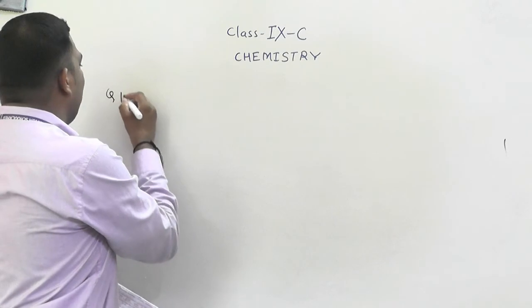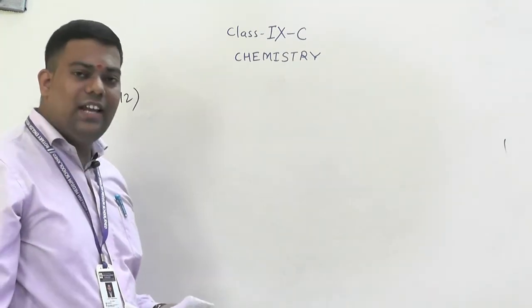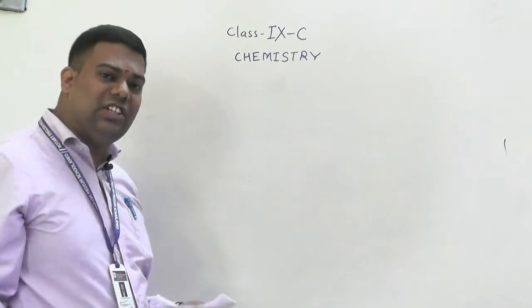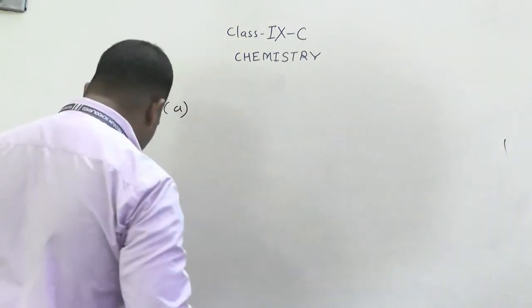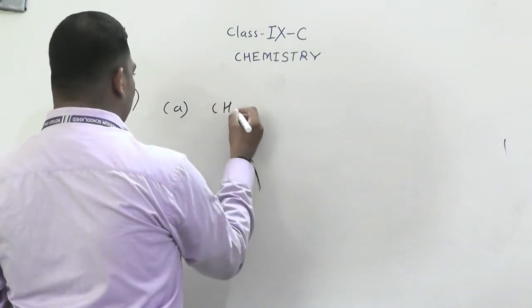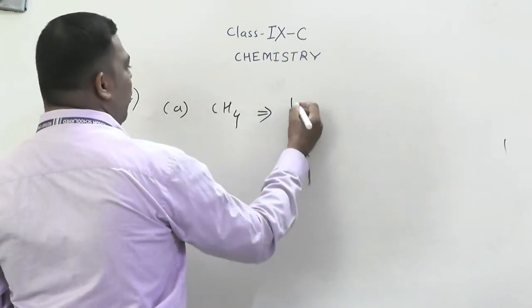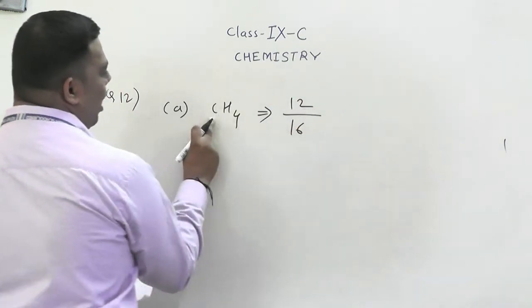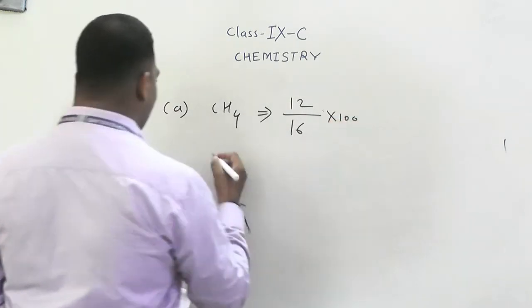What is in question number 12? The percentage of carbon is highest in which compound. We can cross check with small a also. We want the percentage of carbon. So in CH4, how can we calculate C? 12 divided by 16, because the mass of the compound is 16, into 100.